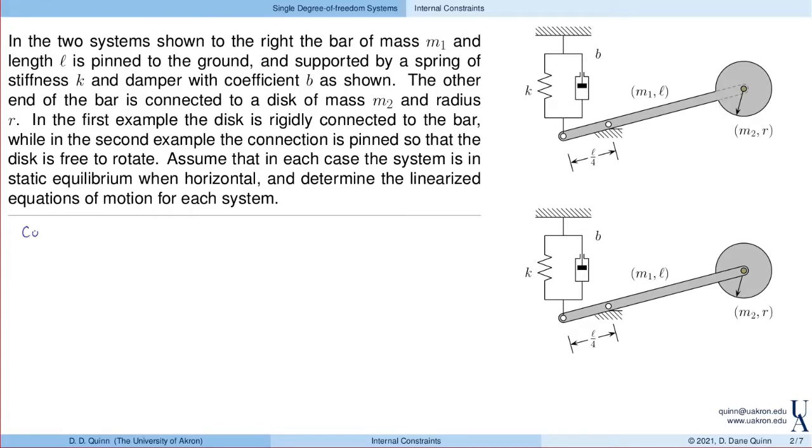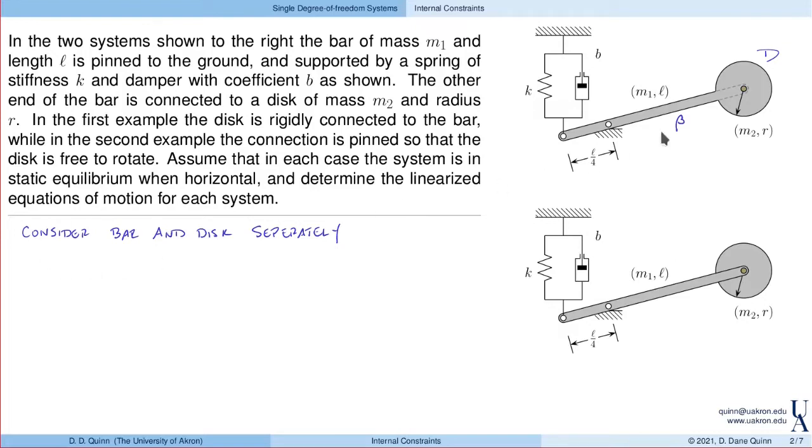Here, I would like to consider the bar and the disk as separate objects. So we'll consider them separately. We'll denote the bar by B and the disk with D. Seems to make sense.